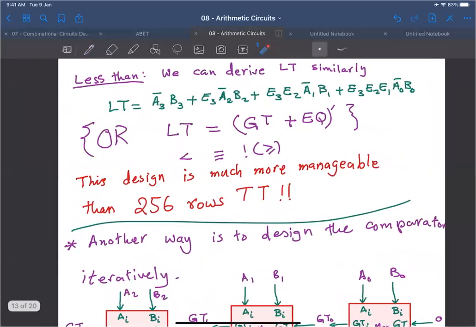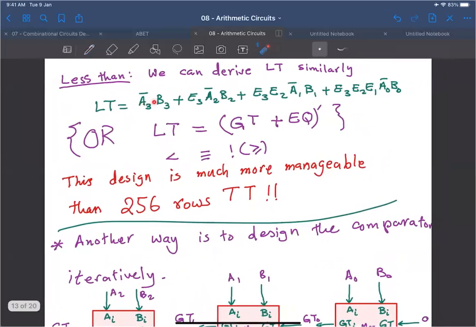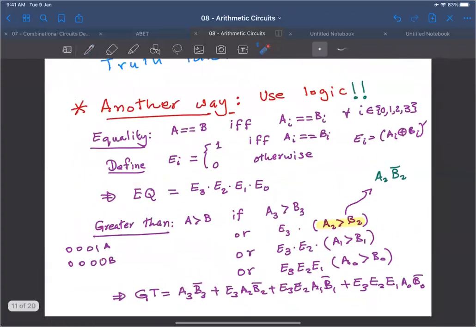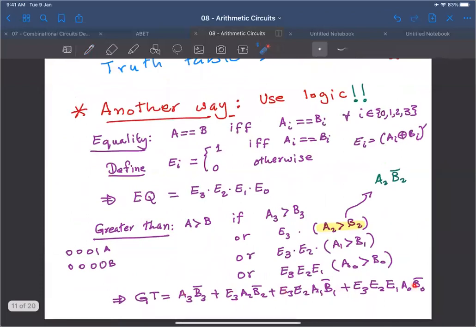However, for this design, you can see that less than is this horrible expression, and greater than is this other big expression here. You see that? It's bigger. So we are taking a gigantic step here to calculate GT and LT as well as EQ.